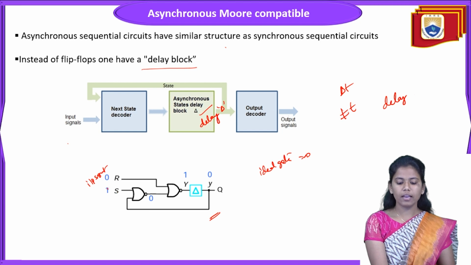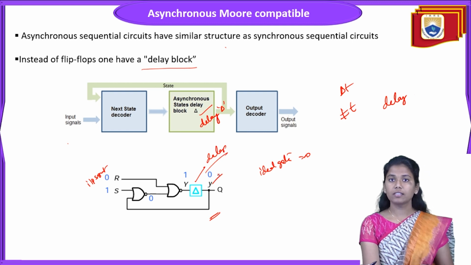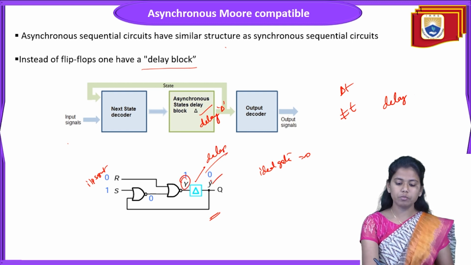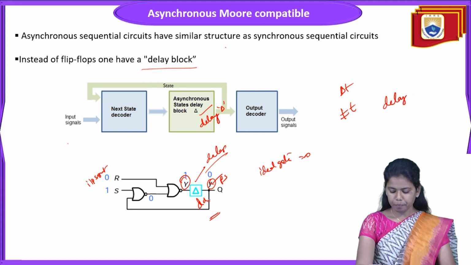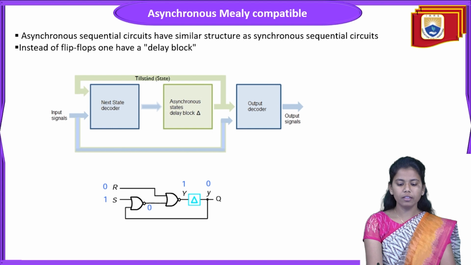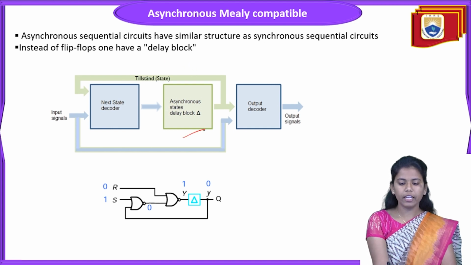So with SR as 0, 1, the output goes to 1, and here this is a delay. Based on the delay, the next state is observed based on the present state as well as the delay. So if you observe here, this is a delay block.